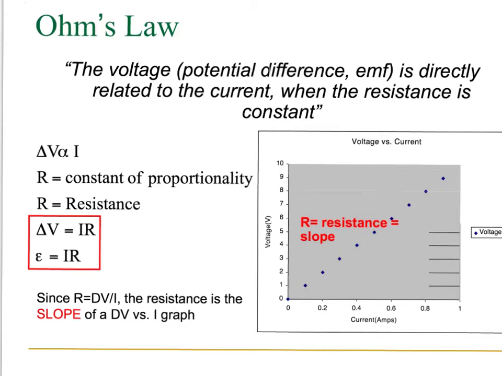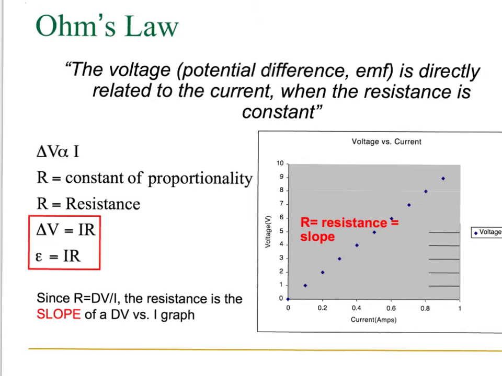We can have a resistor of 1 ohm. That would mean that as voltage gets bigger, current gets bigger at the same rate. If our resistance is not 1, they won't change at the same rate, but as one gets bigger, the other will get bigger as well.